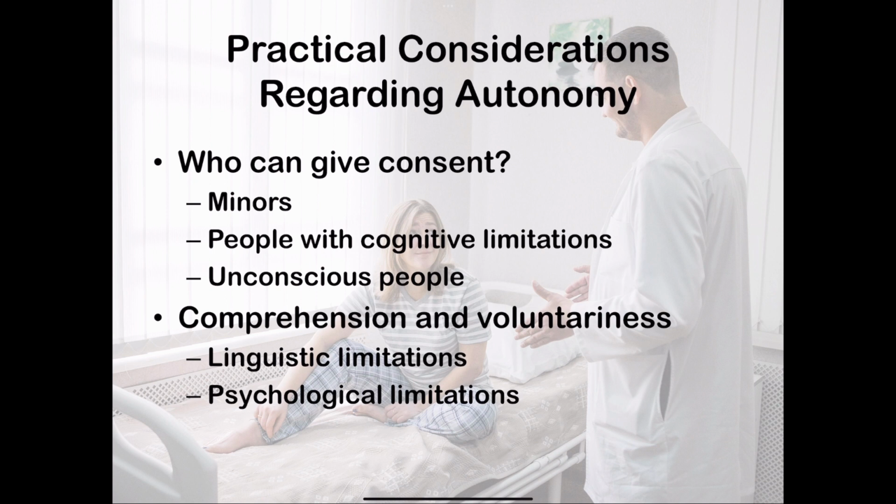Thus, in order to provide adequate consent, one needs to be an adult of normal cognitive development. For this reason, minors are not considered capable of providing consent because they're not fully developed. From neuroscience and psychology, we know that the brain development of a 16-year-old is at the level of an adult as far as cognitive capacity is concerned.